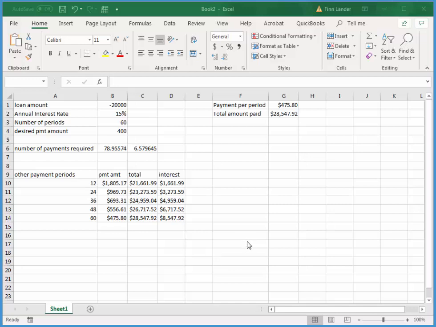And then we'll have a little bit of other information as well, like how much interest we've paid so far, how much principal we've paid so far, the total amount we've paid so far, and the amount of the loan that's remaining. So that's basically what our amortization schedule will show us.